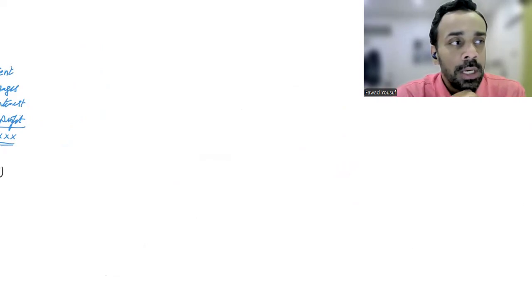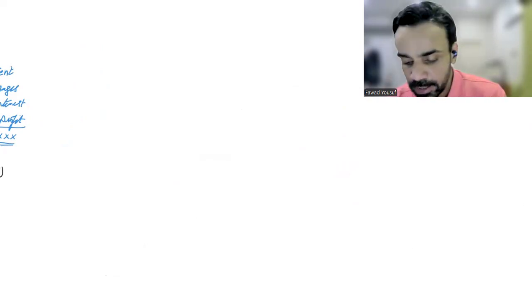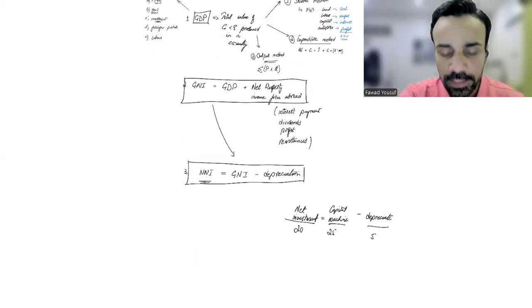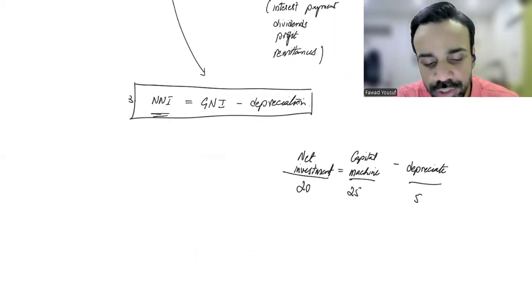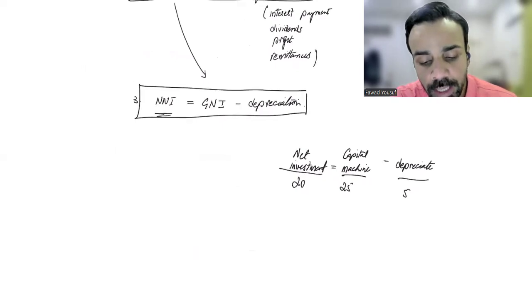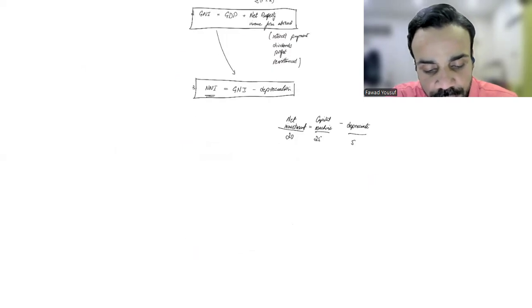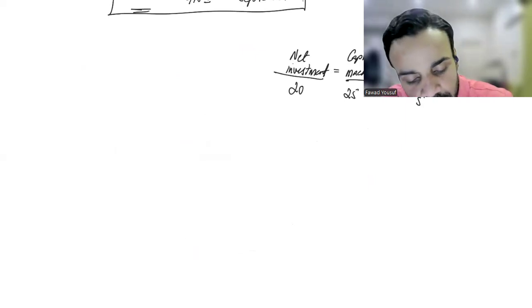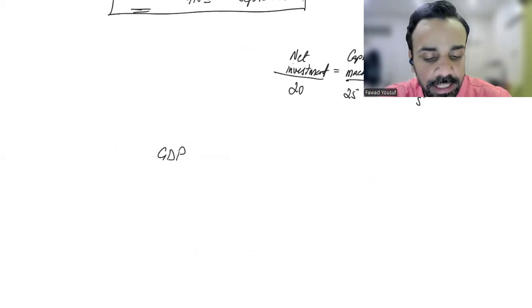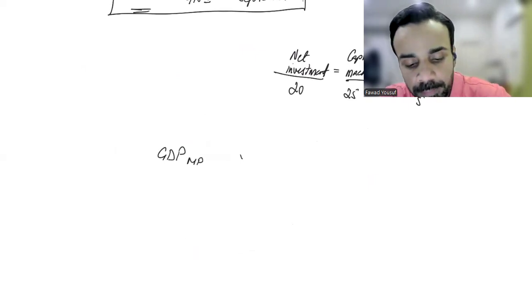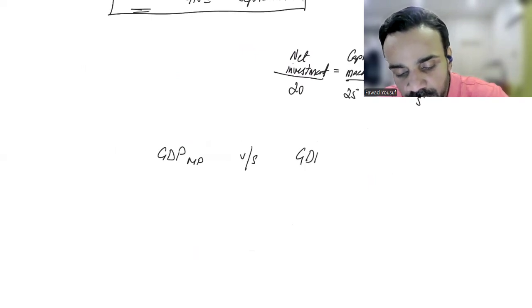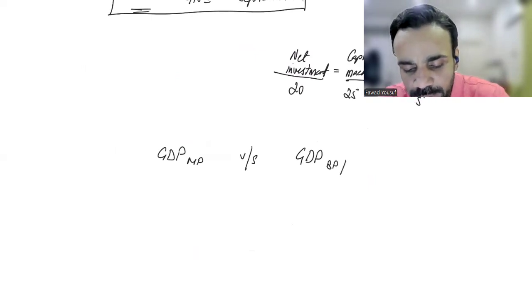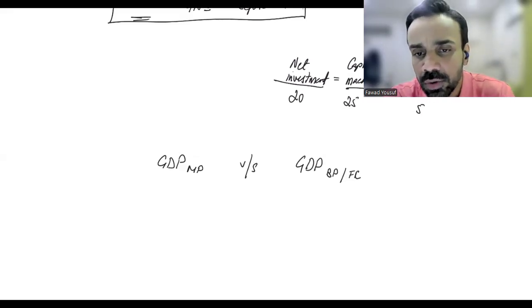Now the extended discussion that goes beyond this is this one. I think this one would be a good question also. When this chapter was in A2, there used to be questions on this. You know how we've calculated GDP, GNI, and NNI? Sometimes, and this is also in government data, sometimes the GDP is calculated in market price, but sometimes GDP can also be calculated in something called the basic price. You can also call it basic price, you can also call it factor cost. I've seen factor cost also.